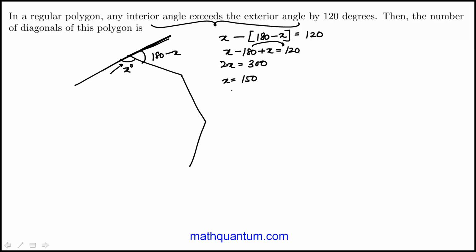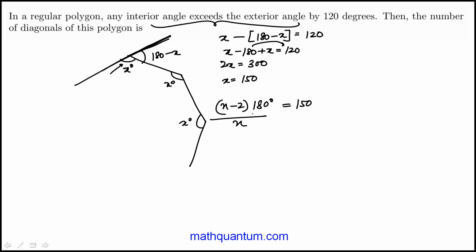Now in an n-sided polygon, I should say, because it applies, of course, to a regular polygon as well, the sum of the internal angles is (n minus 2) times 180. And the measure of each one of these, because it's a regular polygon, all of these are equal, is divided by the number of sides, and that is equal to 150.